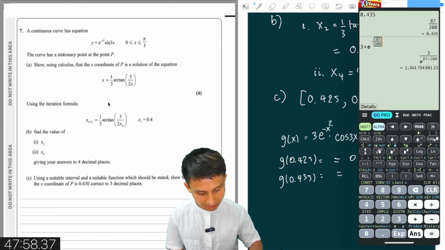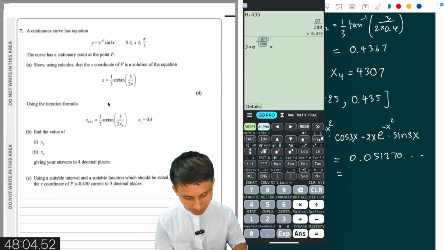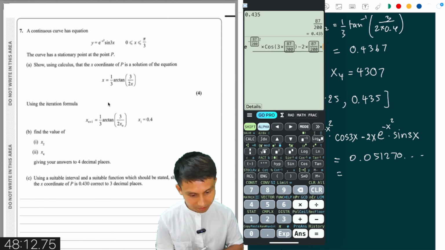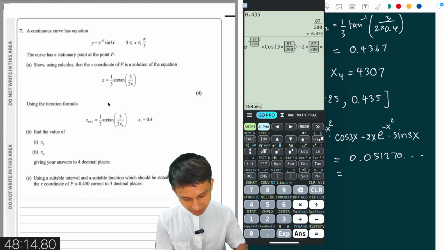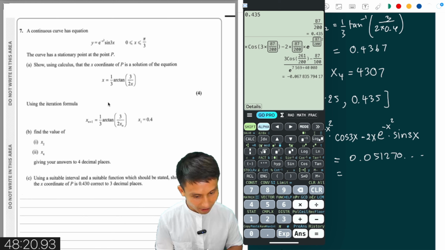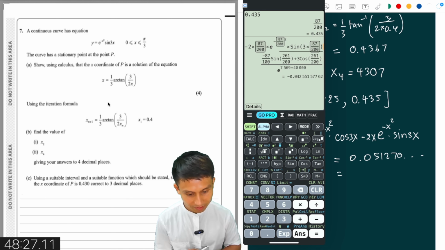Minus answer squared. Yep. Times cos 3 answer minus 2 times answer times e to the power of minus answer squared times sine 3 of answer.